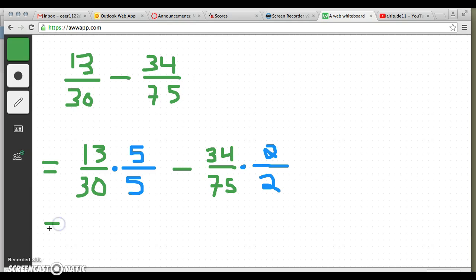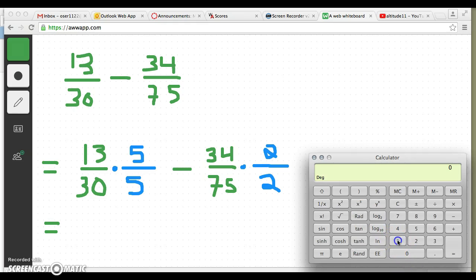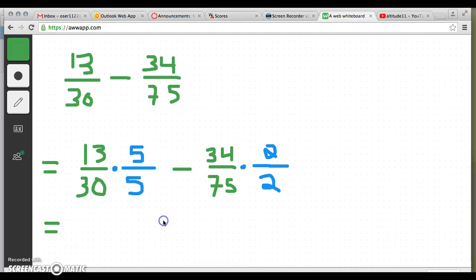So let's go ahead now and simplify our fractions, meaning we need to do some multiplication. First of all, we'll multiply our first fraction here. Remember, when you're multiplying fractions, guys, we just want to multiply straight across. So we start off with 13 times 5, and that is equal to 65, all over 30 times 5, which we know is 150.